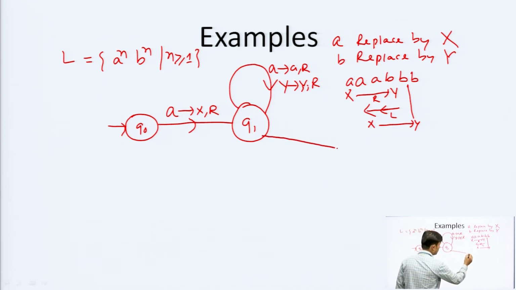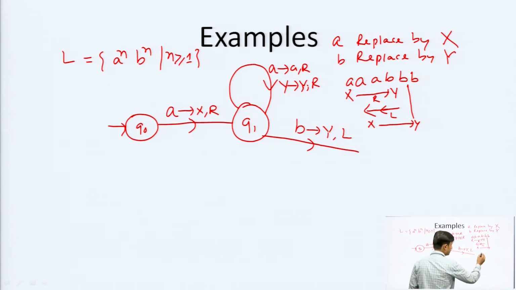So, when you find B in Q1, just replace B by Y, then move left. Then after this is Q2.